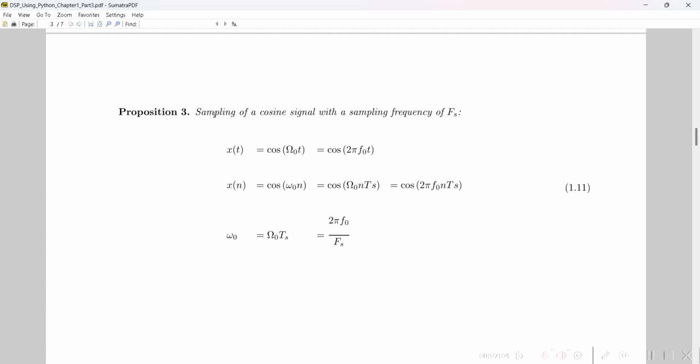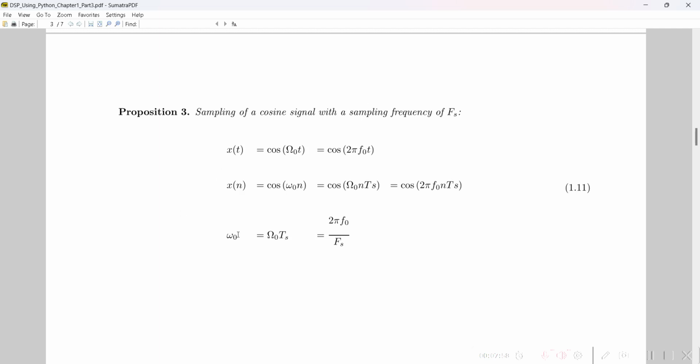Now, we consider an example, sampling of a cosine signal with a sampling frequency of fs. x of t is cosine of omega 0 t, and of course another expression, cosine of 2 times pi times f0 times t. If we replace t with n times Ts, we'll reach this equation: omega 0 n times Ts, 2 times pi times f0 times n times Ts.